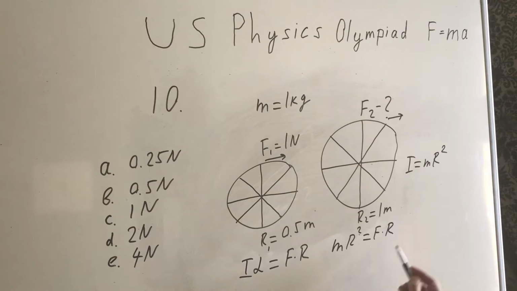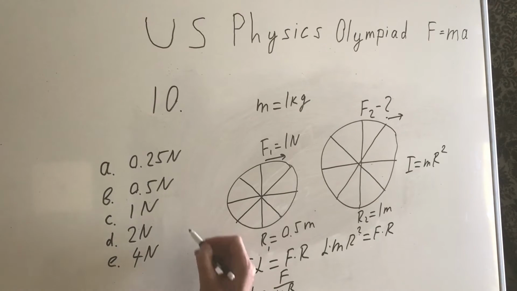So from here we can find what alpha is. That will be alpha equal F over m r. So to get the same angular acceleration, we just need to increase the force twice if we increase the radius twice. So the answer is 2 N.